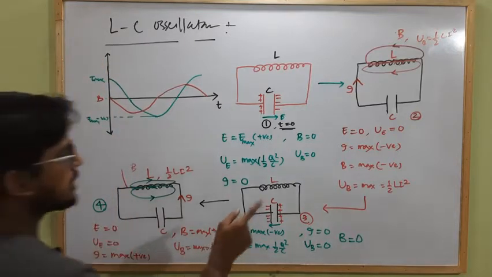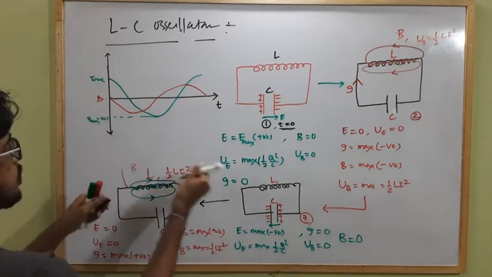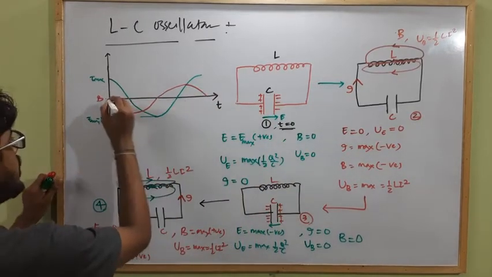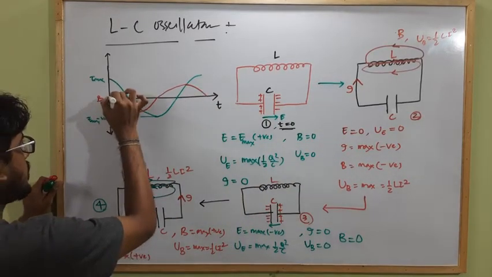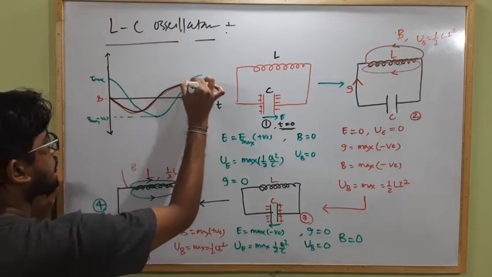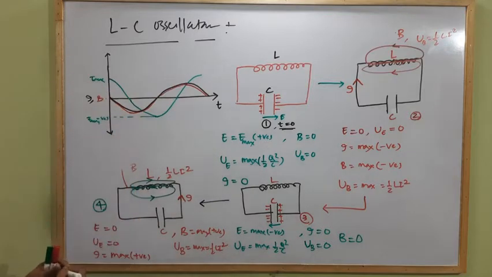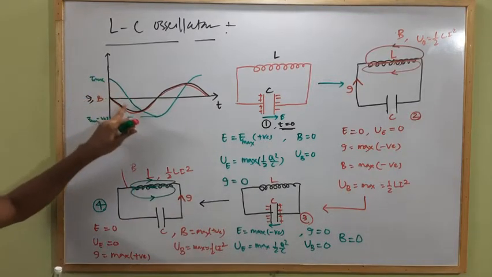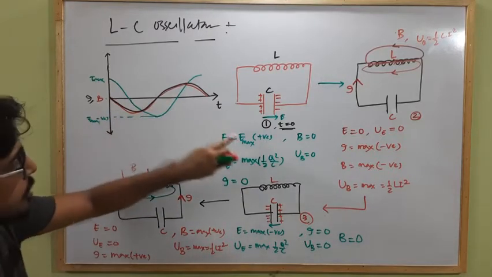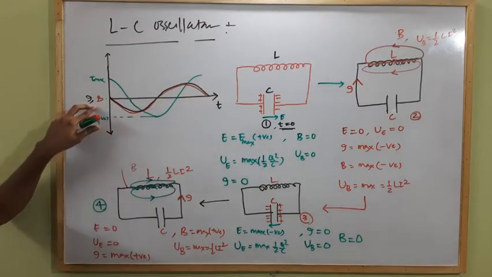Then what is I? I is initially 0, then I is maximum in negative, so I will be like that of B. Okay, so the green graph corresponds to the electric field, the red graph corresponds to the magnetic field, and the black graph corresponds to the current.